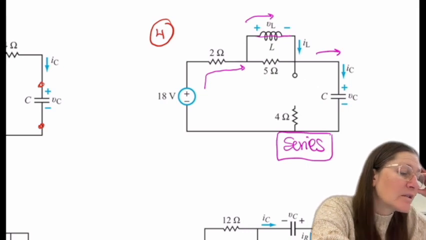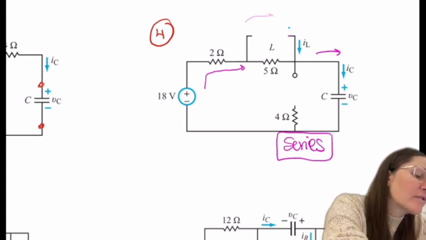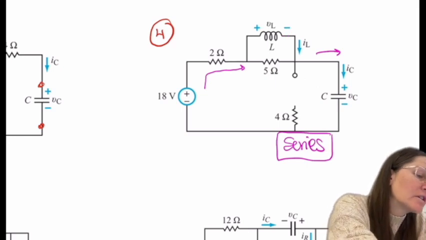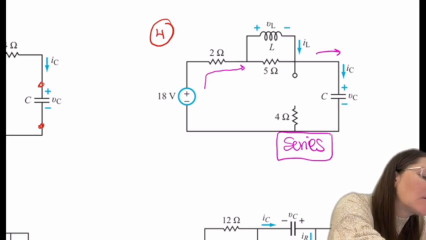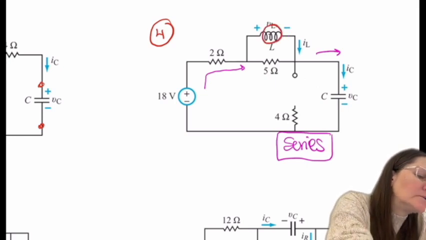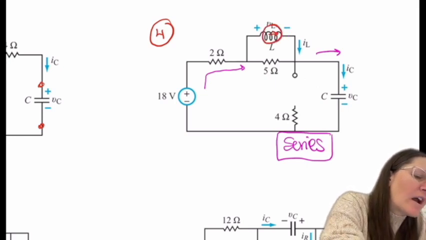At 0 plus, you're going to have a source here. And this will be open. And this will be a voltage source. There could be current going through that.